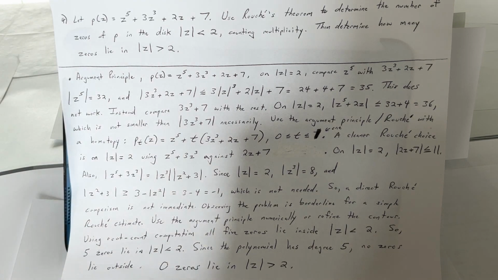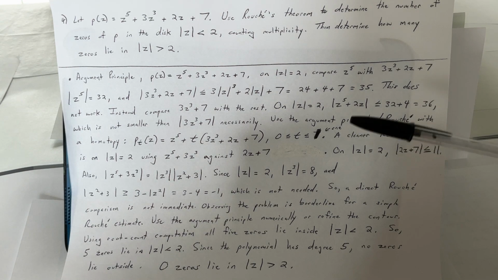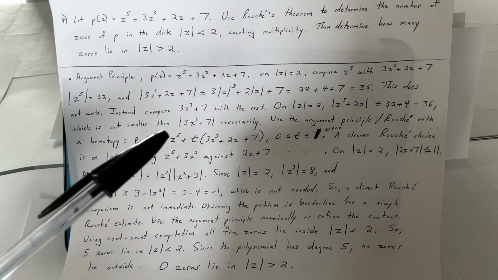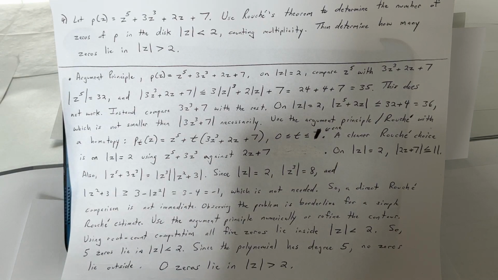So instead we'll compare 3z cubed plus 7 with the rest. On absolute value of z equals 2, absolute value of z to the 5th plus 2z is less than or equal to 32 plus 4 is 36, which is not necessarily smaller than absolute value of 3z cubed plus 7.